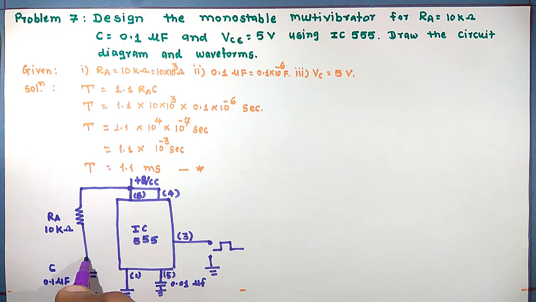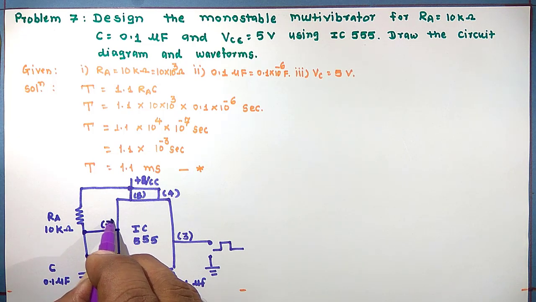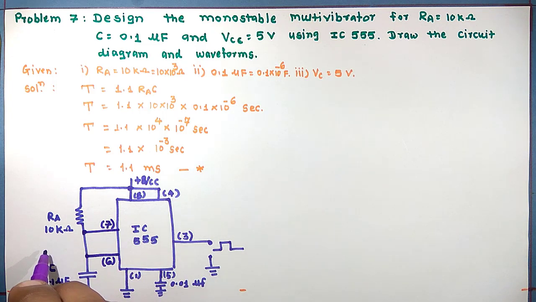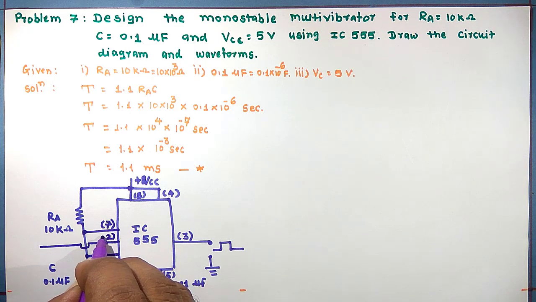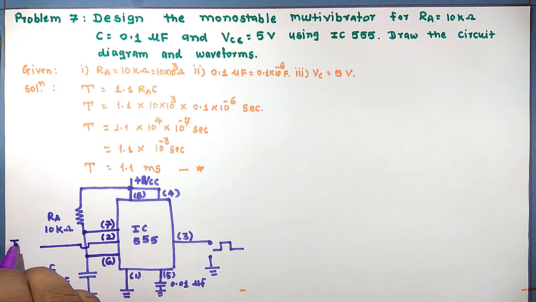Voltage across the capacitor is given to pin number 6, and also this capacitor is connected to pin number 7, that is the discharge pin, and the trigger input signal is applied at pin number 2. So here this is a trigger input, and the trigger input signal is applied over here.